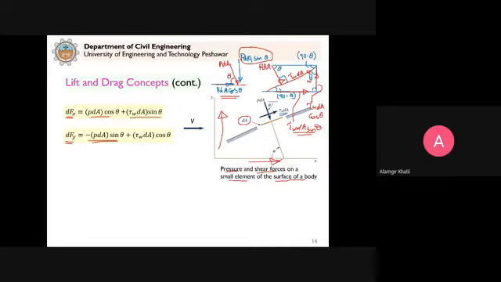And you can see here this tau WdA into cos theta is in the upward direction. So that's why it has a plus sign, tau WdA into cos of theta. So now basically what we want to calculate is the drag and the lift force.